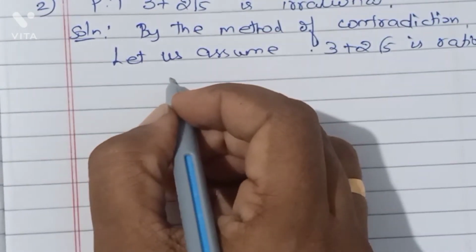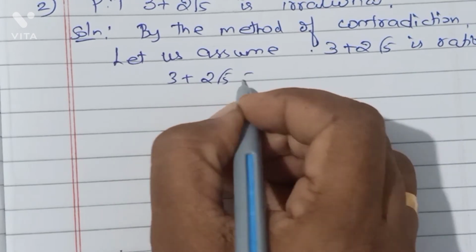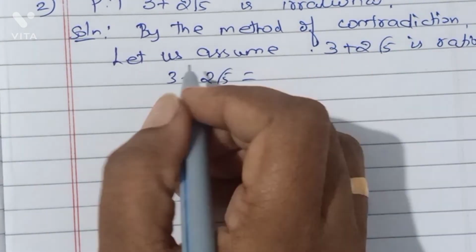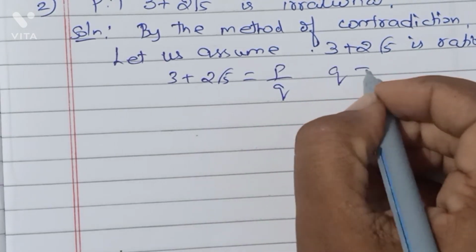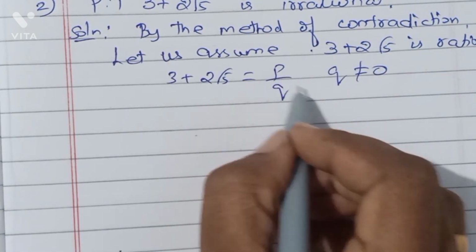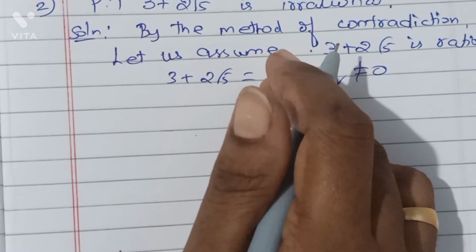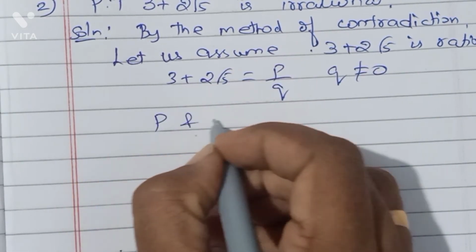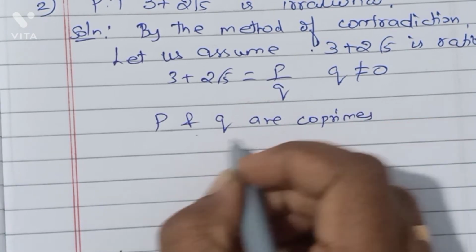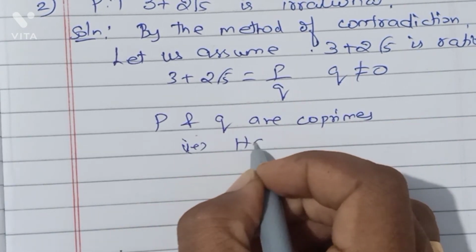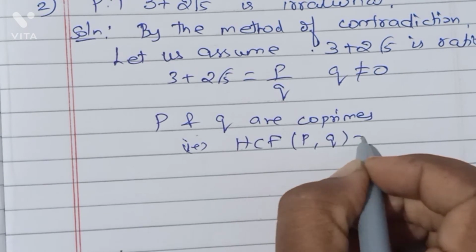So if I assume it as rational, then we can write 3 plus 2 root 5 as p by q. This q should not be equal to 0. p and q are integers and co-primes, that is, the HCF of p and q is equal to 1.